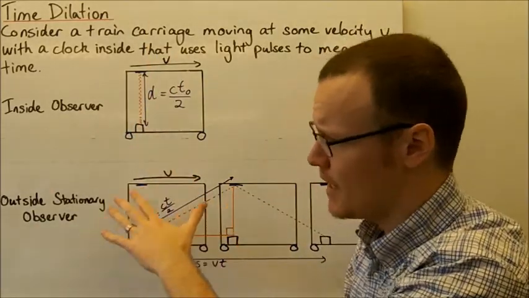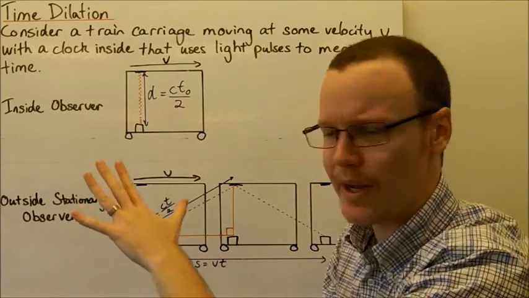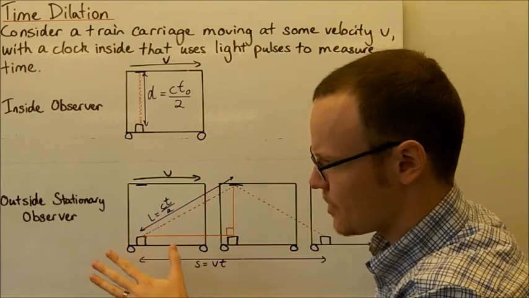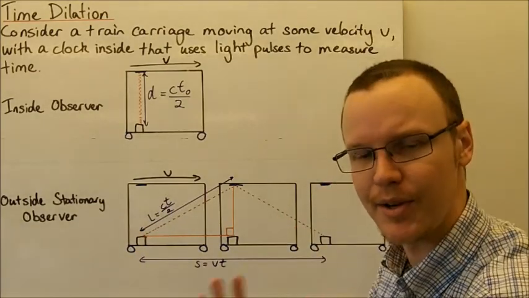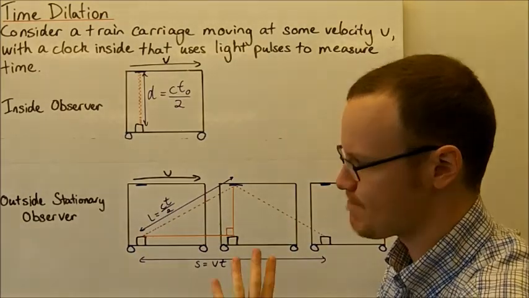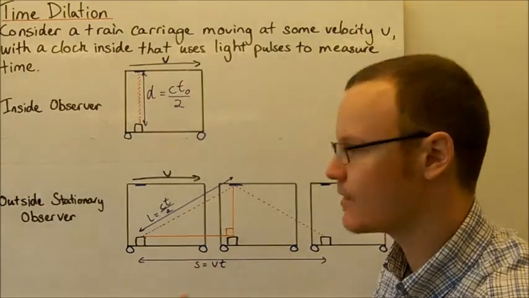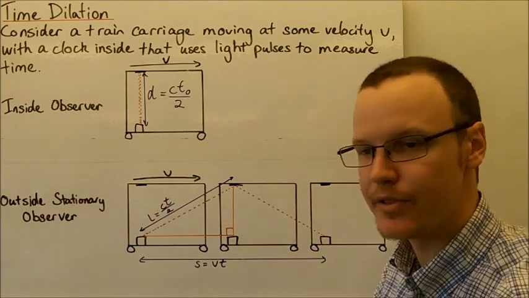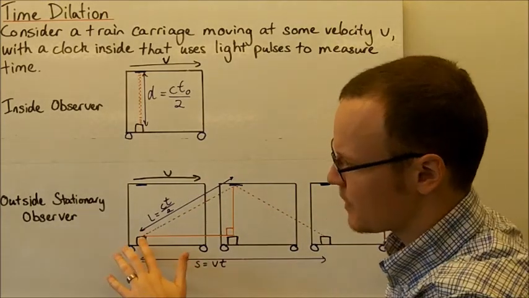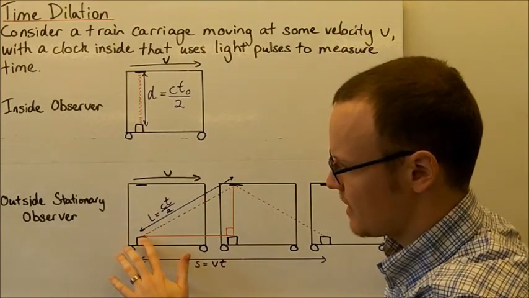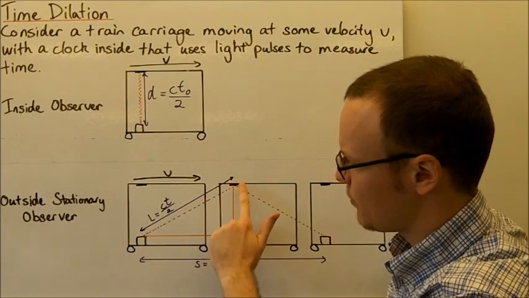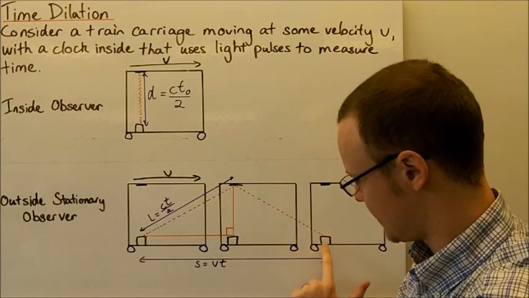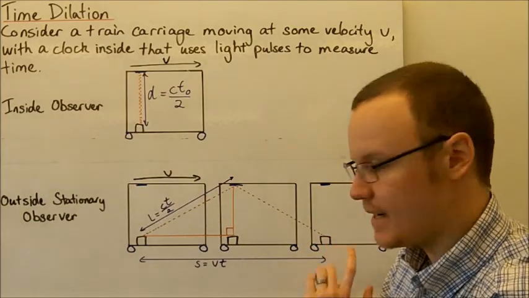If we look at an outside observer, before getting into the mathematics too much, someone stationary on the side of the tracks, stationary in relation to the movement of the train carriage, they would see the light being emitted, being reflected later as the carriage has moved, and being detected back at the detector.